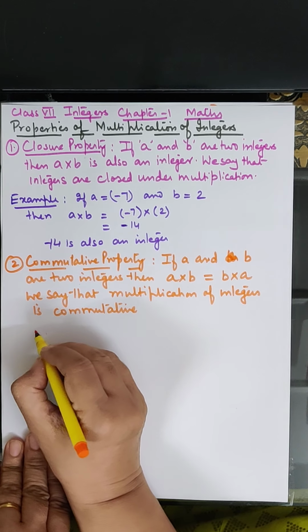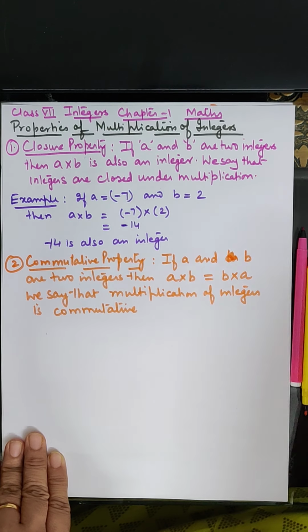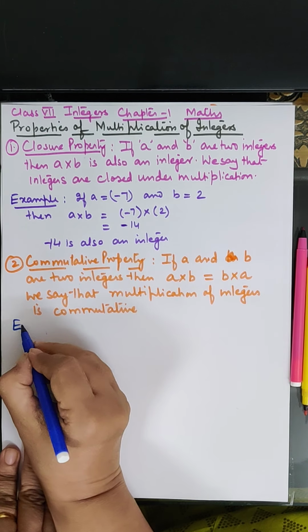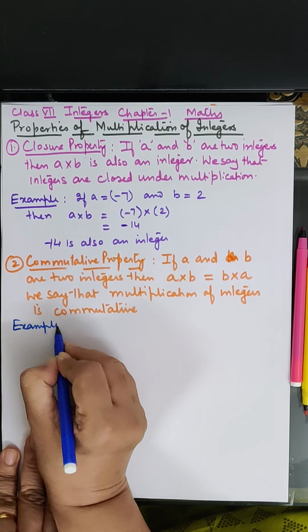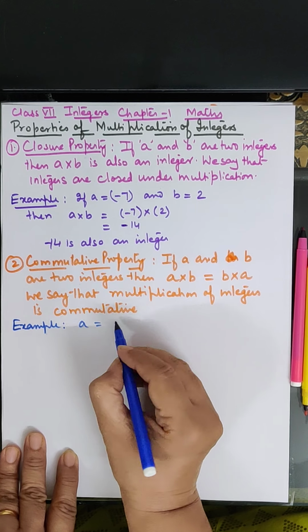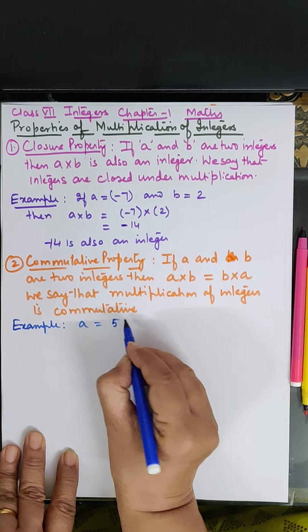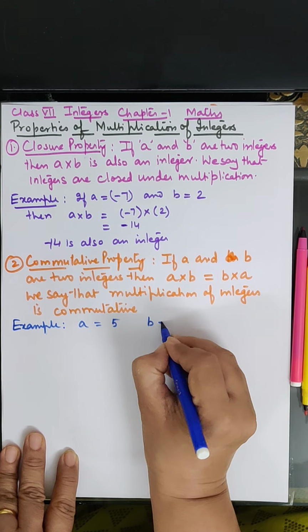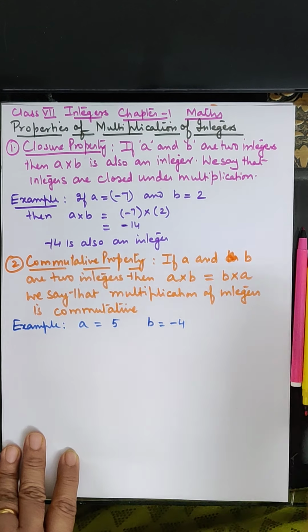Let us take, for example, A is equal to, say we take 5 and we take B as -4. Okay.